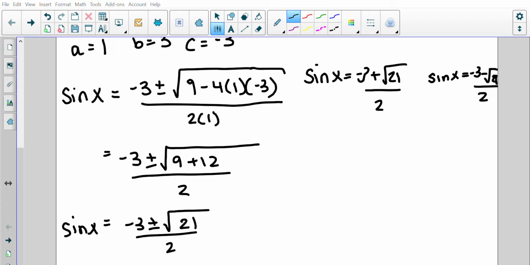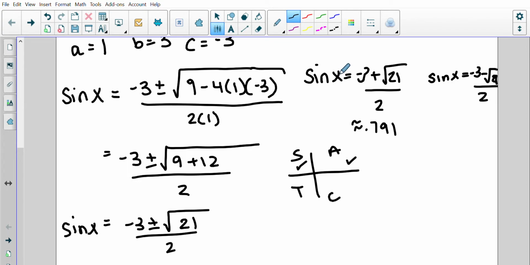Now remember, you don't want to truncate that decimal whatsoever because we won't round our answers until the very end. But by getting approximately 0.791, what that's telling us is, number one, the fact that this is a positive ratio. So again, if I do a smart trig class, I know I'm in quad 1 and quad 2 because that's where sine is positive.